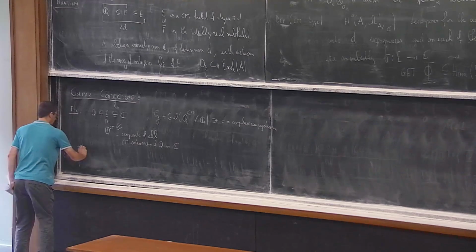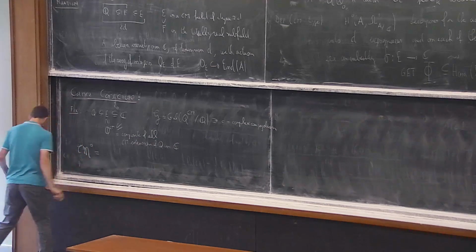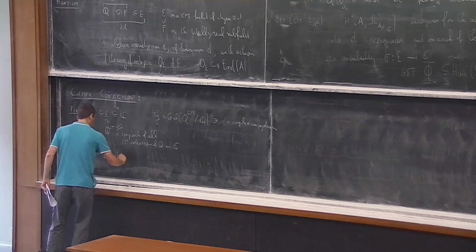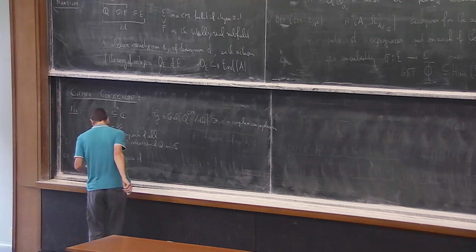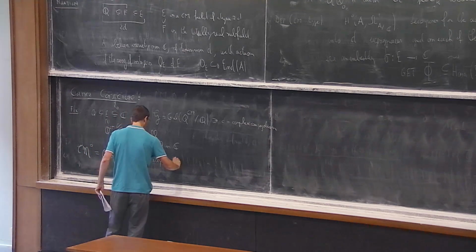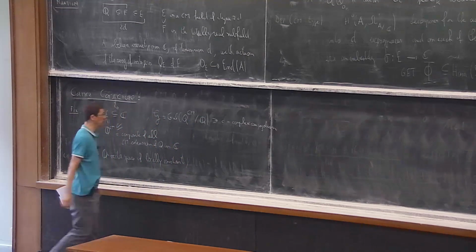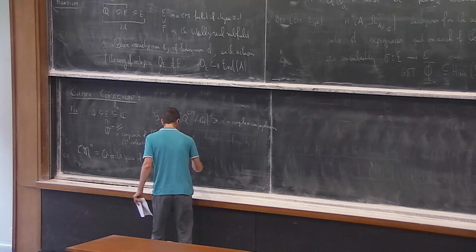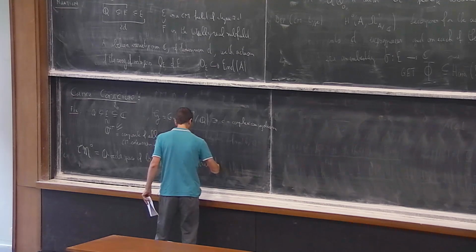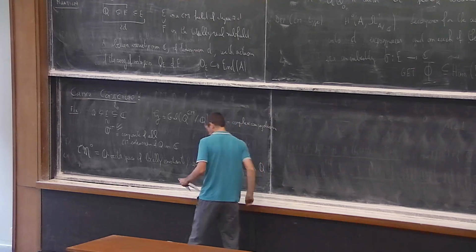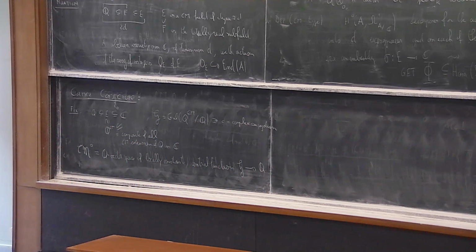I will denote by CM naught the Q vector space of locally constant, for the profinite topology on G, locally constant in the discrete topology on Q, central functions from G to Q. So central meaning that they are constant on conjugacy classes.